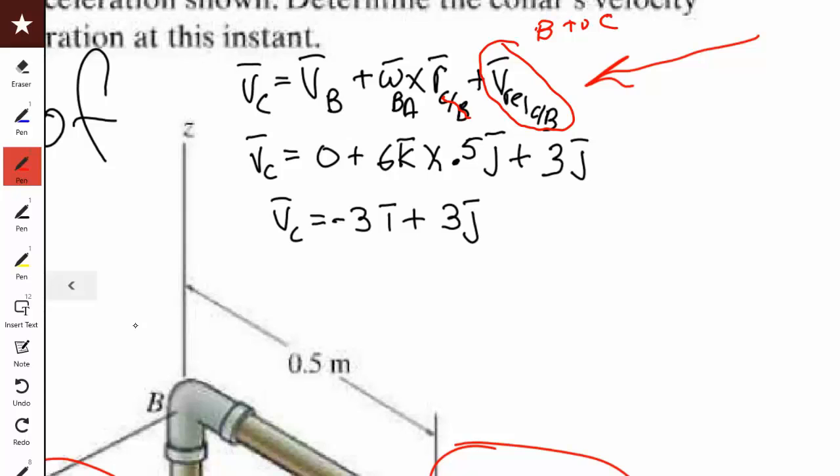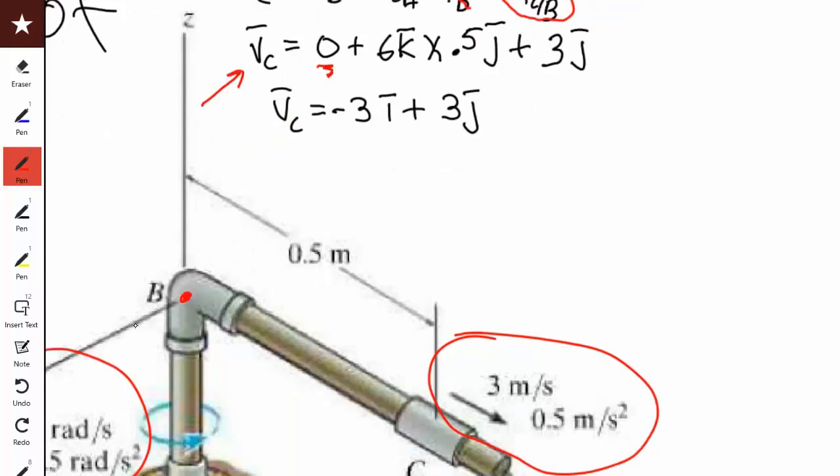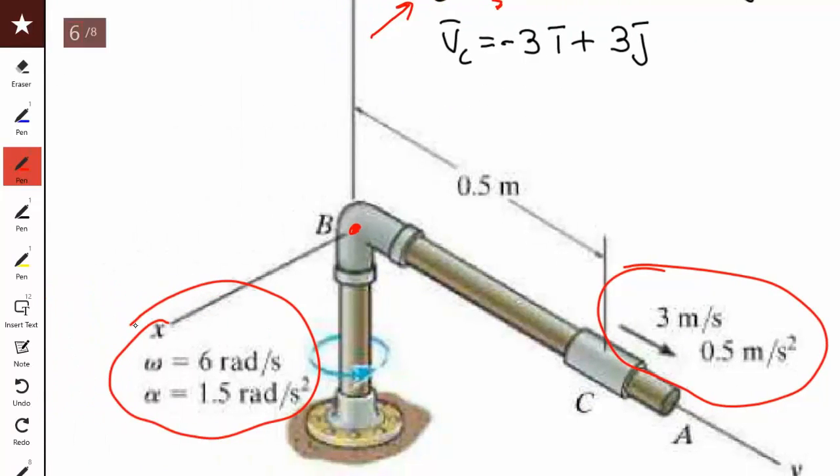And so if you plug in, or you look at how I plugged in here, velocity of B is obviously right here. It's not going anywhere. It's basically fixed to the ground, so it's equal to 0, which is what I have written here. And then the omega is, if you look at the figure, given as 6, and if you look closely at the arrowhead, it's going in the counterclockwise direction if you look from the z-axis.